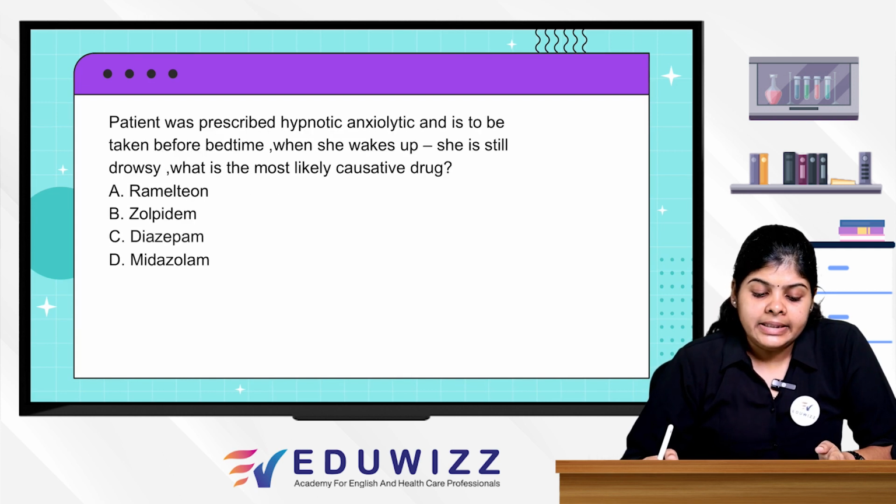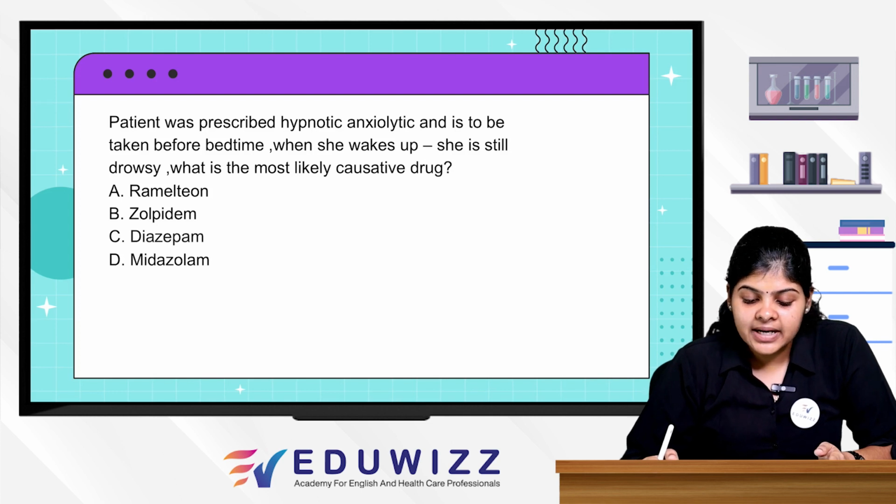Next question: a patient was prescribed a hypnotic anxiolytic to be taken before bedtime. When she wakes up, she is still drowsy. What is the most likely causative drug? It is a direct question.